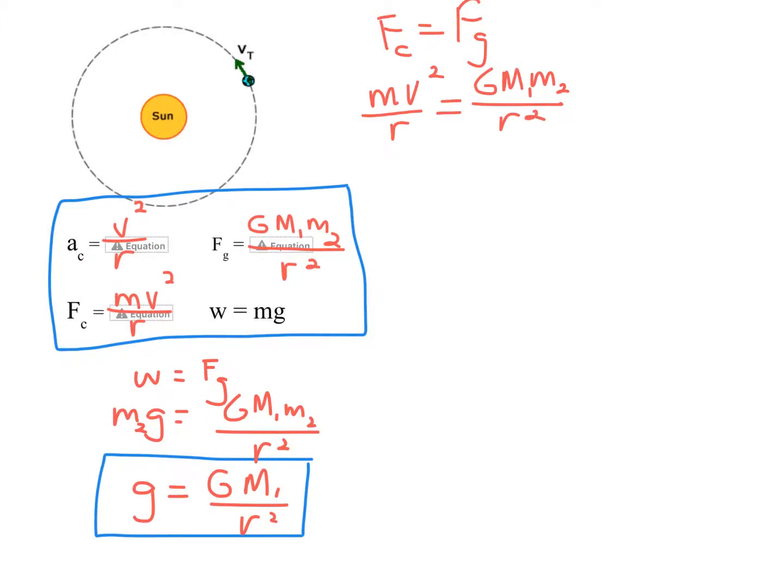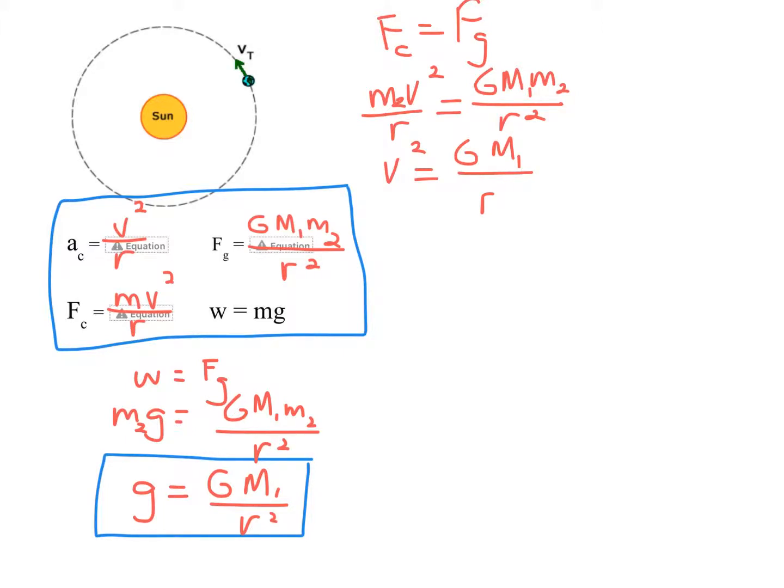And this on the left hand side, once again, that's m sub 2. So if you cancel the m sub 2's on both sides and divide out one of the r's on both sides, excuse me, you get v squared equals G m sub 1 over r squared, no, over just r.